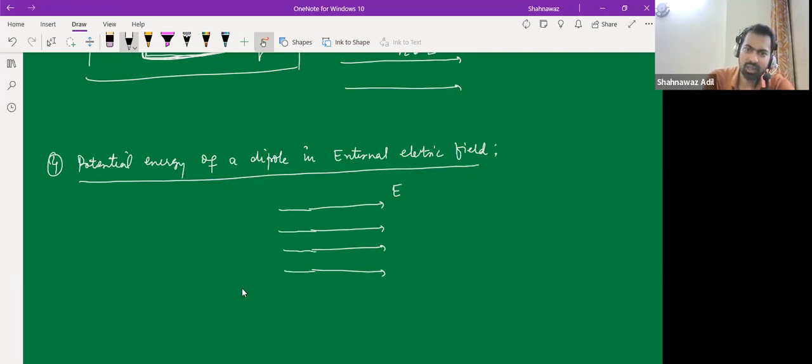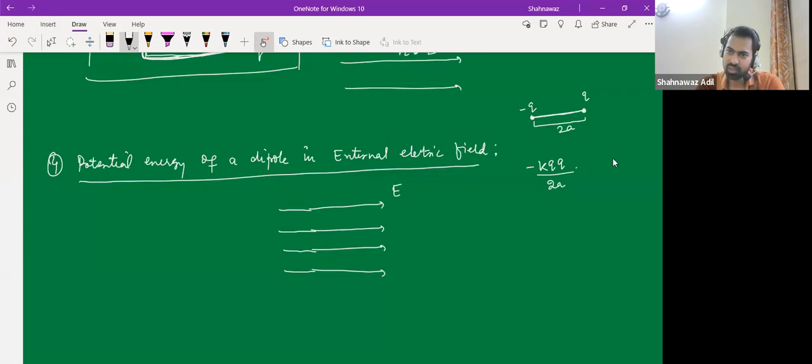But before I calculate that, you guys tell me what is the potential energy of a dipole. So this is minus Q, this is Q, and this distance is 2A. What would be the potential energy of this dipole? Yes, K, Q minus, divided by 2A.